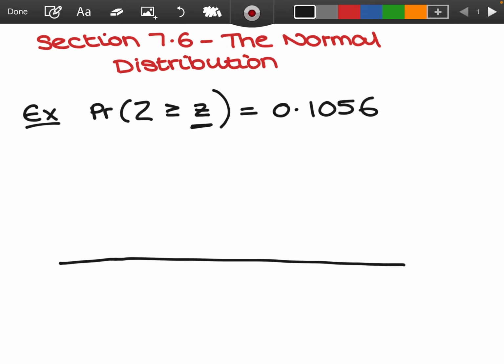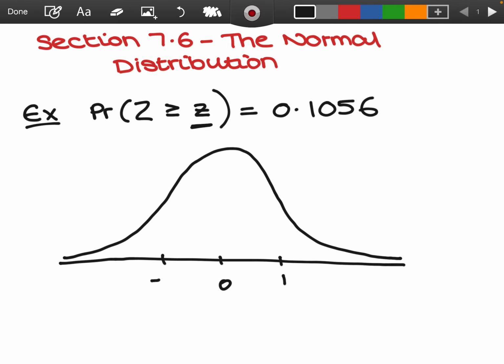Whenever you get one of these problems, I would recommend going ahead and drawing it first. Like I said, you've been given z. You know that your variable is z, telling me that my mean is 0 and my standard deviation is 1. And like we said in the last video, you tend to find that roughly 2/3 of your data lies within one standard deviation of the mean.